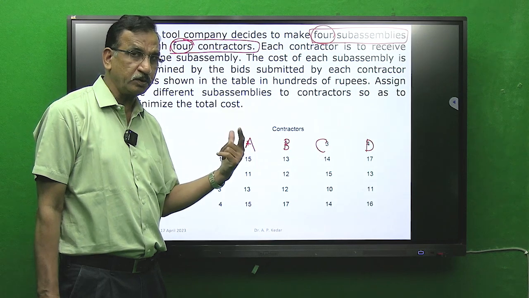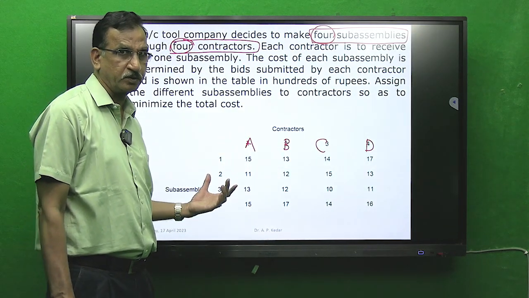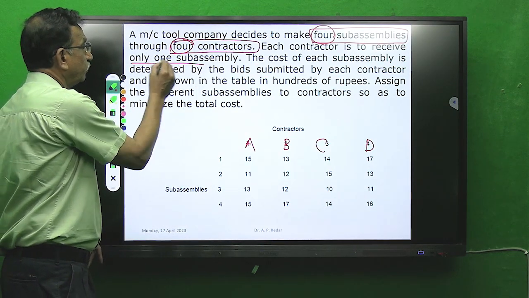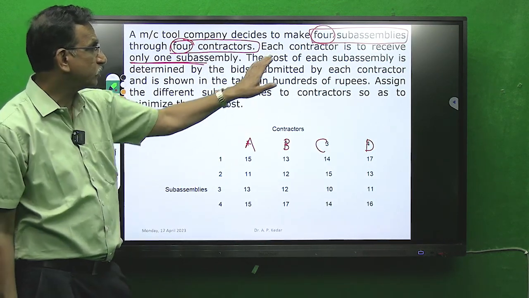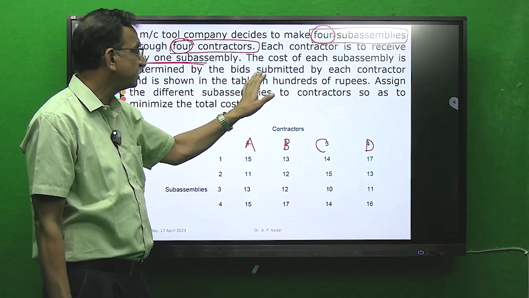Now the problem will decide to whom to allocate these sub-assemblies by 1-to-1 combination. The cost of each sub-assembly is determined by bids submitted.